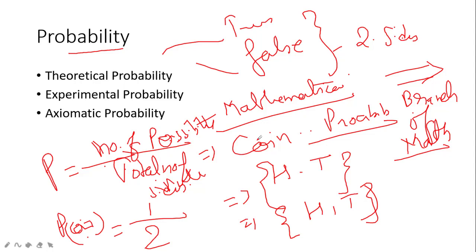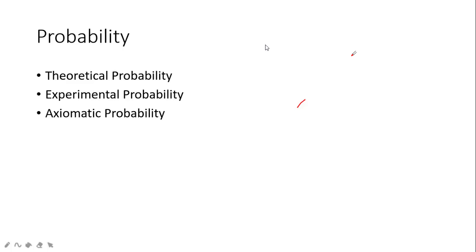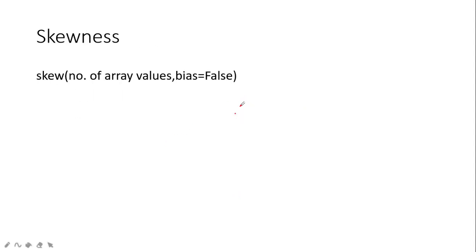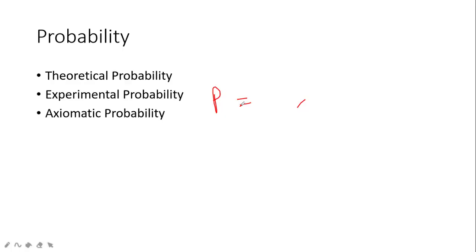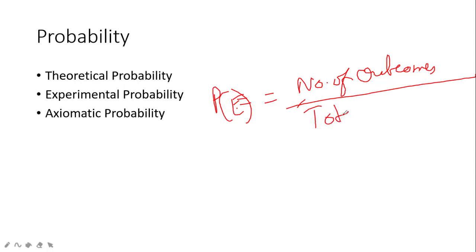The outcomes for tossing coins can be H comma H, H comma T, or T comma T. So let's see the formula of probability: P of an event equals the number of favorable outcomes divided by the total number of outcomes.